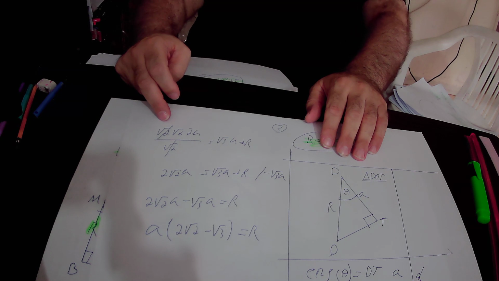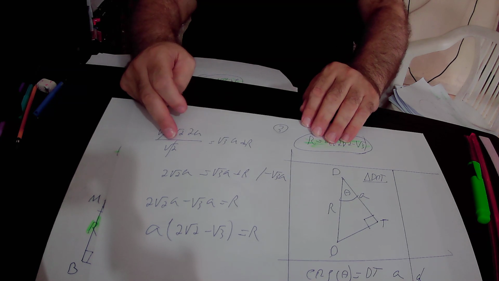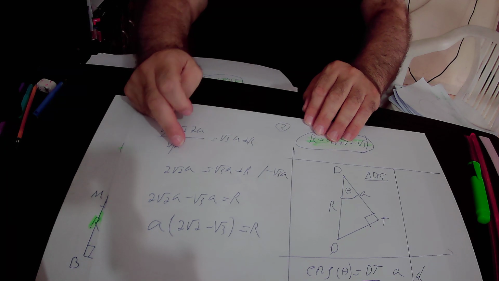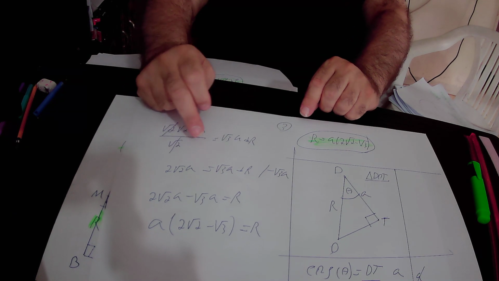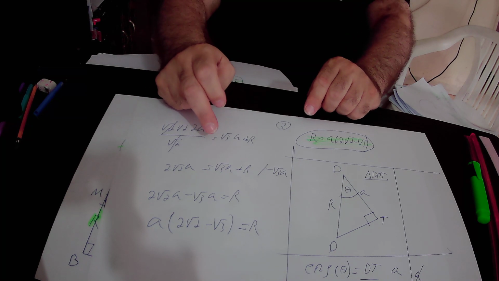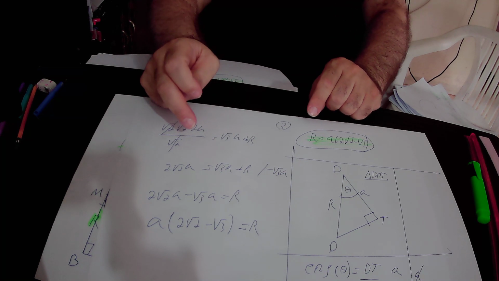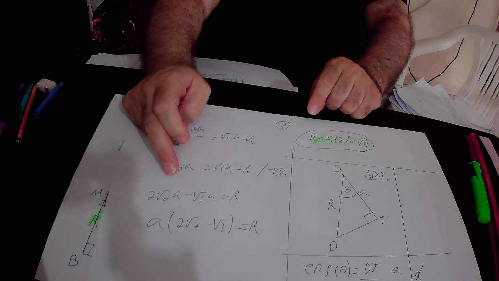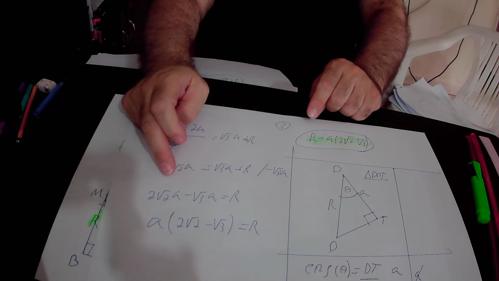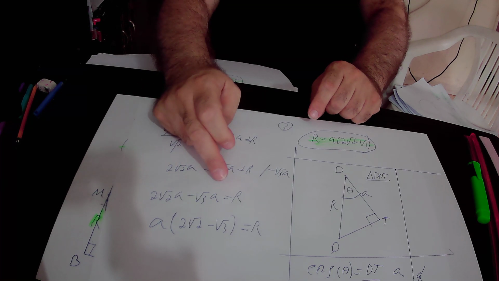We have square root of 2 in the numerator and square root of 2 in the denominator, so square root of 2 will get cancelled. And we are left only with 2 times square root of 2 times a equals square root of 3 times a plus r. Here we subtracted square root of 3 times a from this equation and found out that 2 times square root of 2 times a minus square root of 3 times a equals r.